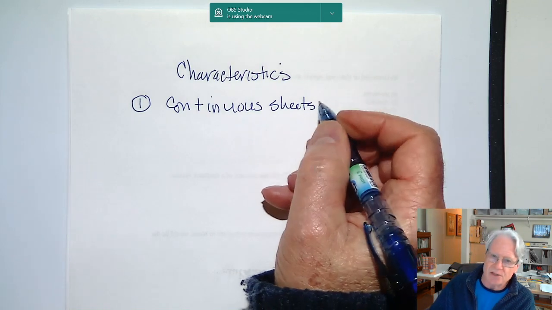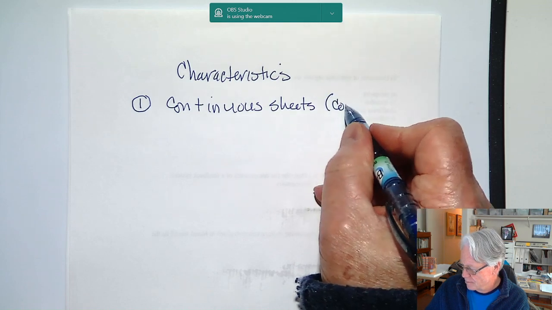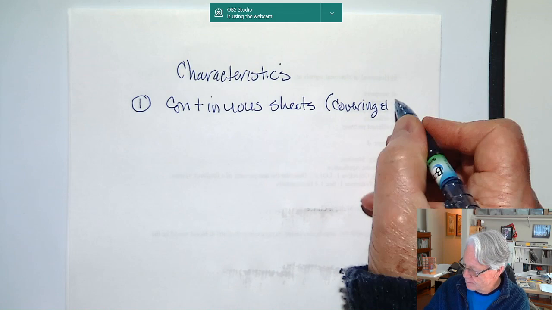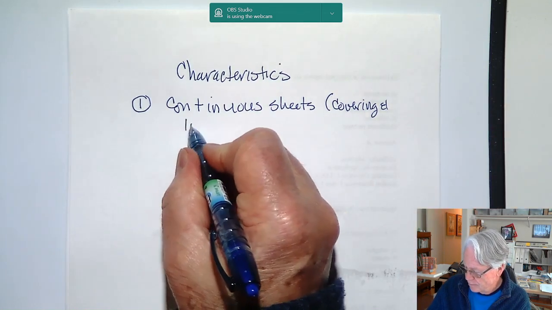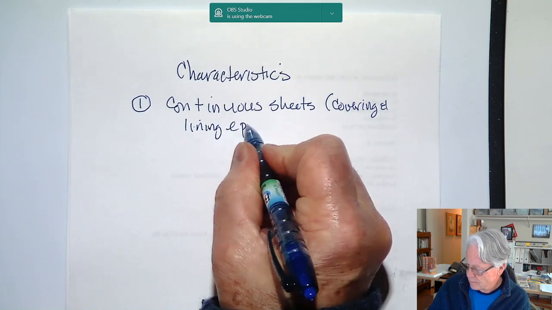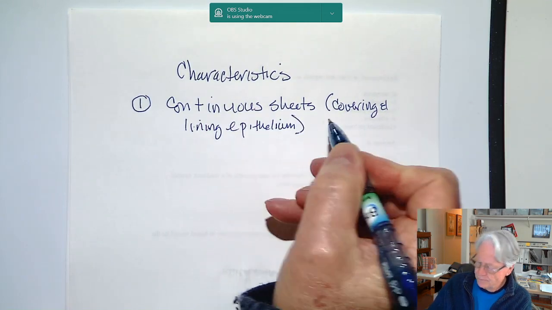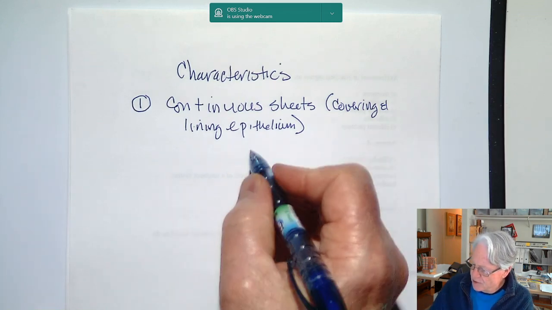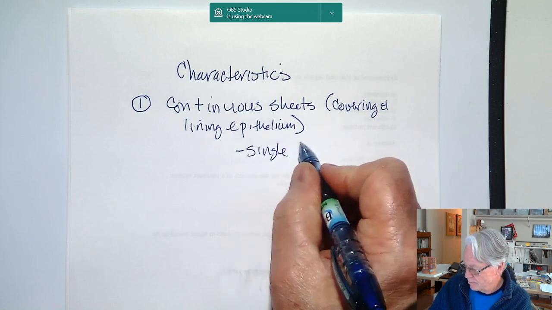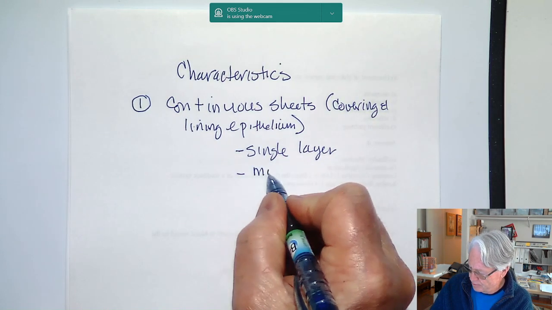And at least this is for covering and lining epithelium. And these sheets can be a single layer or multiple layers.